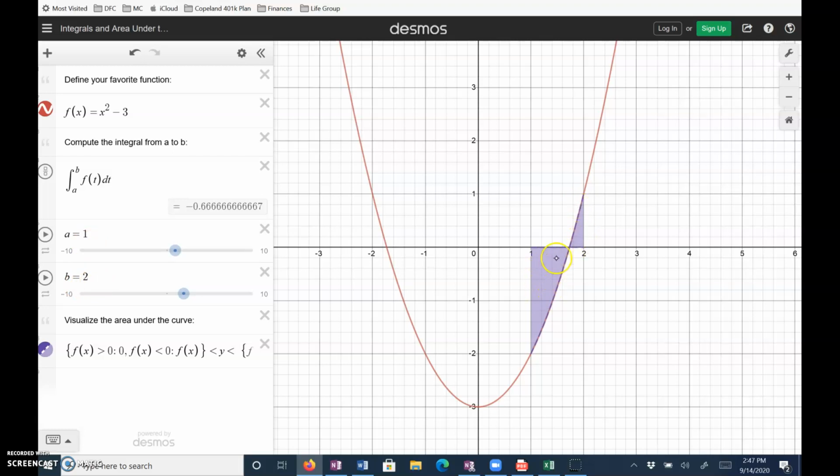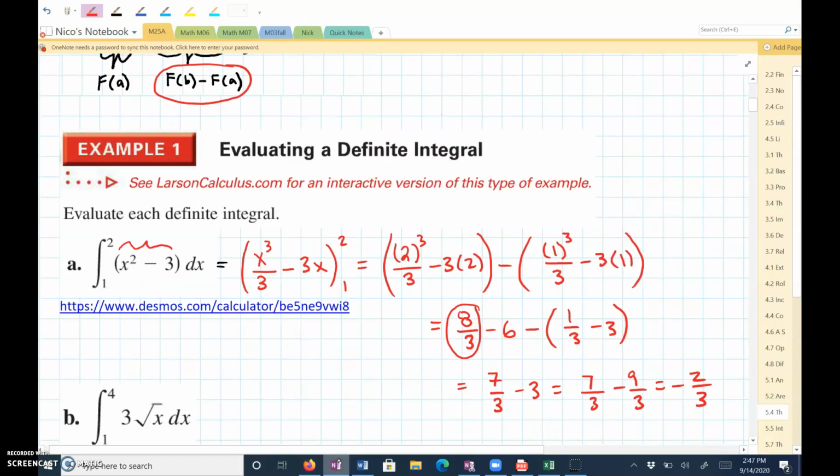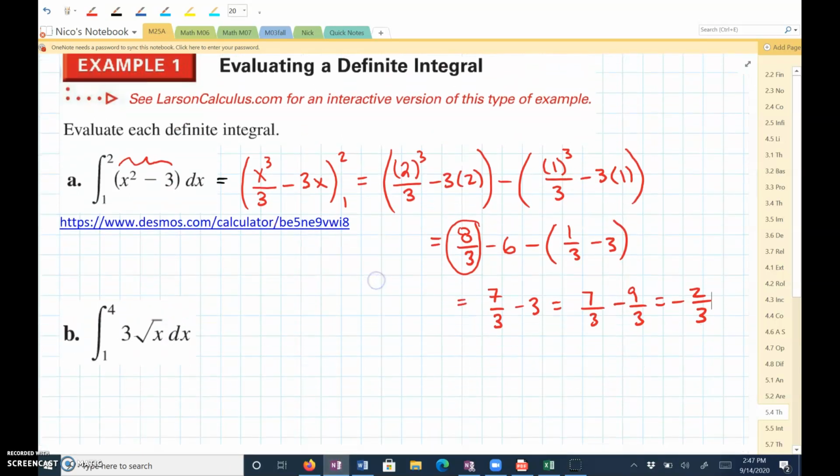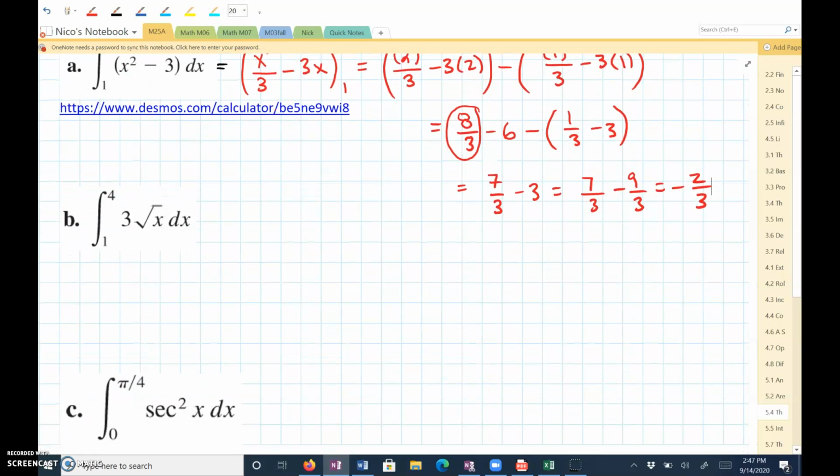The reason why it's negative is we have more area underneath the x-axis than we do above. So you add these two areas, one's positive, one's negative, and then you get the negative 2/3. You can't have negative area here. Basically, it's just telling you that you have more area underneath the x-axis than above the x-axis.